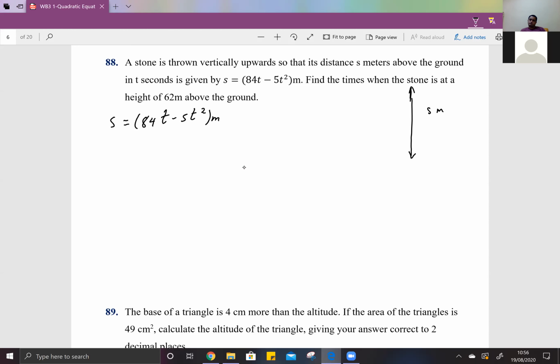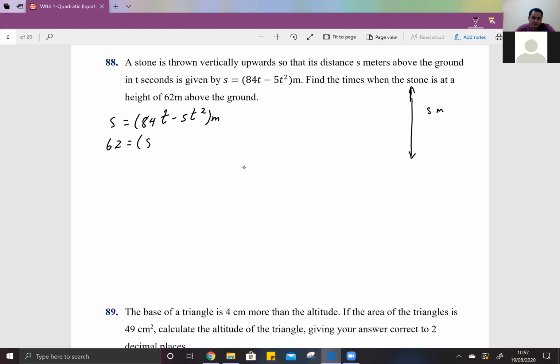Do we need to work out what t is first? The question is find the times, right? When the stone is at a height of 62 meters. So s is the height. So it means that now s equals 62. So at what values of t does s equal 62?